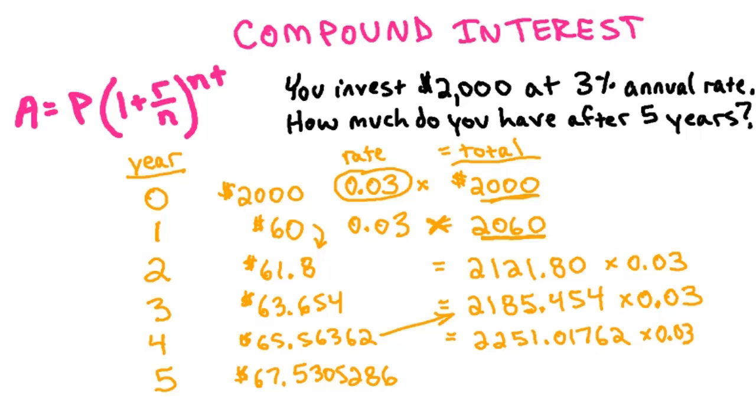So that's your new interest earned for year 5, about $67.5. We're going to add that to what you had in the bank already, so plus 2251.01762.